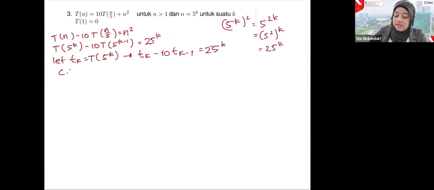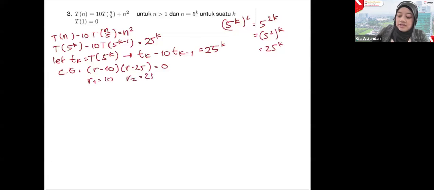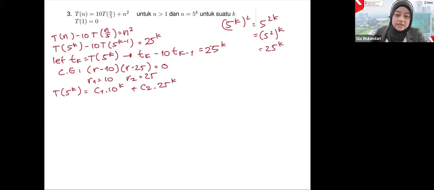So the characteristic equation will be r minus 10 from the left hand side, r minus 25 from the right hand side. So we will have 10 and also 25 as the solution. So T5K is equal to C1 times 2K plus C2 times 25K.